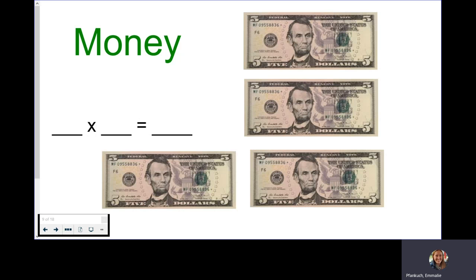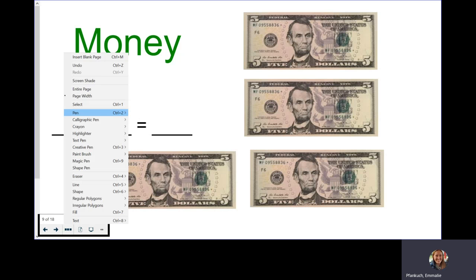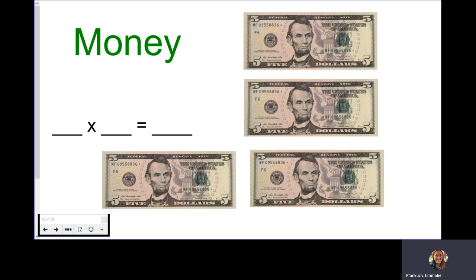So using skip counting, I can count these a little easier and say 5, 10, 15, 20. I can also show this as a multiplication problem. So this might look like 4 bills, 1, 2, 3, 4, and each dollar bill is worth $5. And our total is $20.